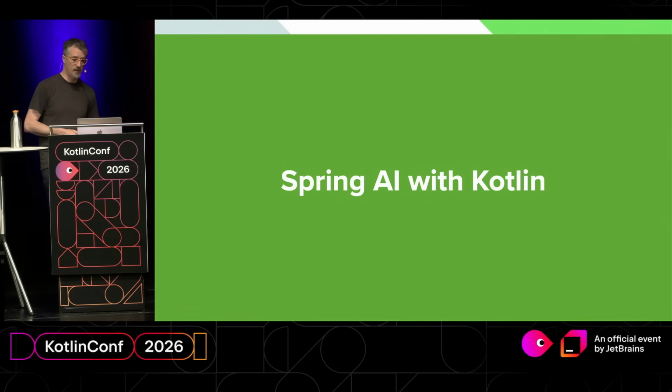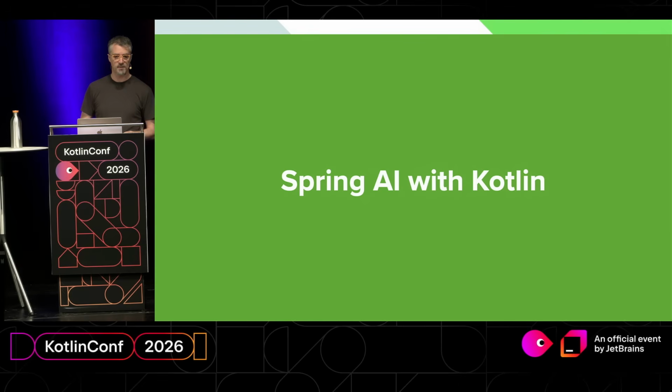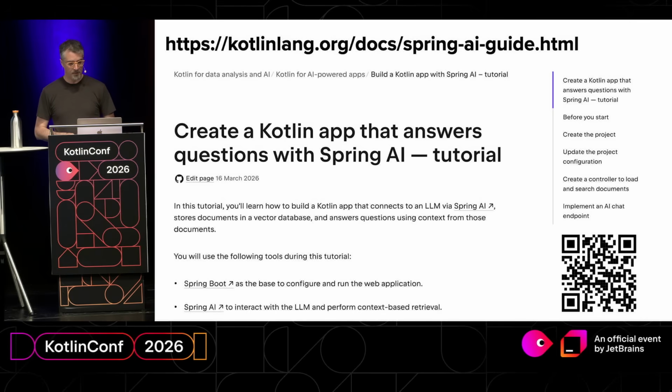Spring AI. So, like I said, I have recently joined Spring AI, and these days I'm spending a lot of time on it because there is a lot of things to do. There is a guide to use Spring AI with Kotlin. We are going to update it in collaboration with the Kotlin team with Spring AI 2.0, which will be released shortly.